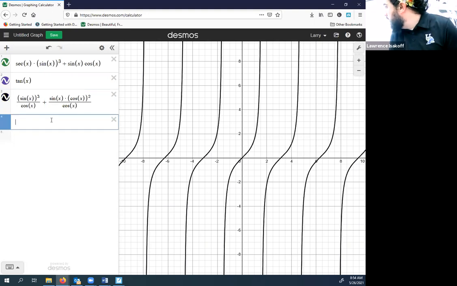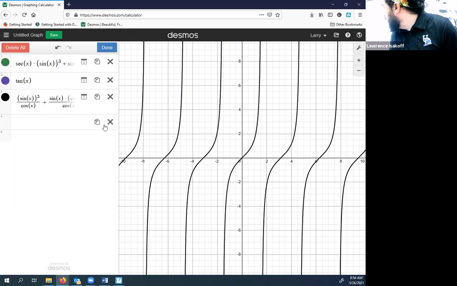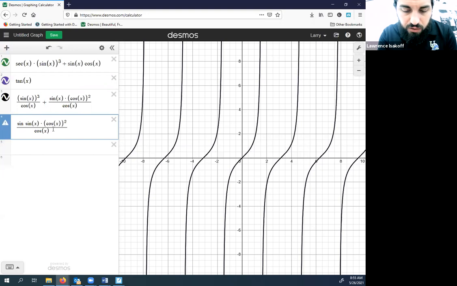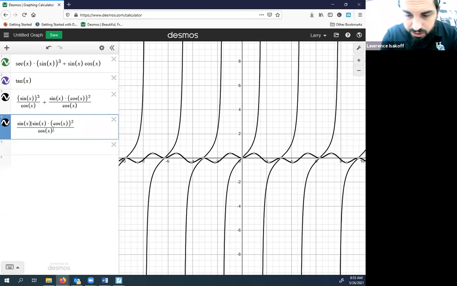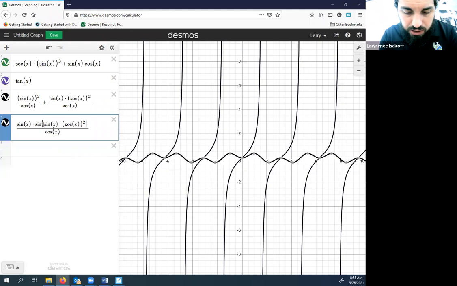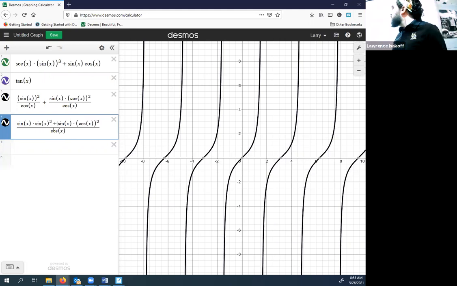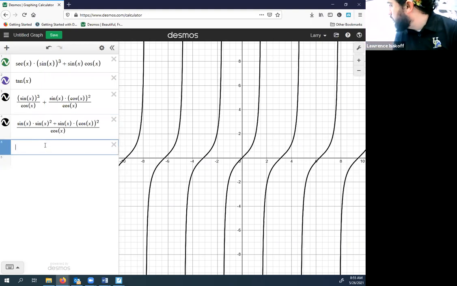Once I do that, I could combine this as one big fraction, and I'm going to do a little more rewriting here. The sine of x times a sine of x squared plus this. Still seems to be lining up. I have a common factor of sine, so I'm going to pull that out.